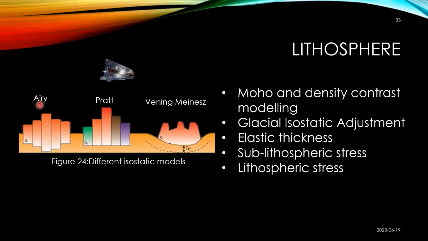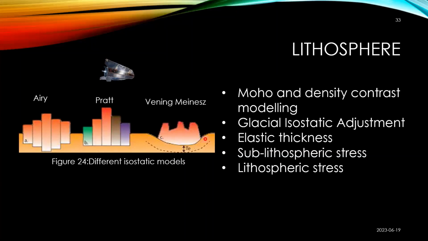Airy assumed that these mountains are like columns, and the one which is taller or larger goes through the mantle more. Pratt said that no, they are not the same. They do not have constant density. They have different densities, but they all go through the mantle to the same level.